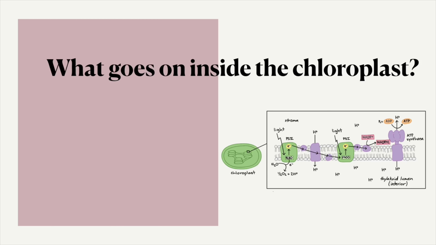So what goes on inside the chloroplast? Here is a diagram. As you can see, we have Photosystems II, and then we have Photosystems I. This is just a small diagram. We'll get more into detail later, but right down at the bottom of Photosystems II, you can see a number that says P680.